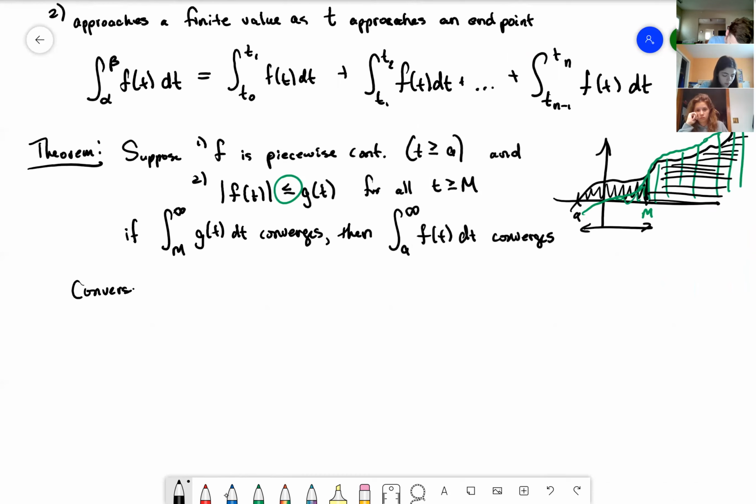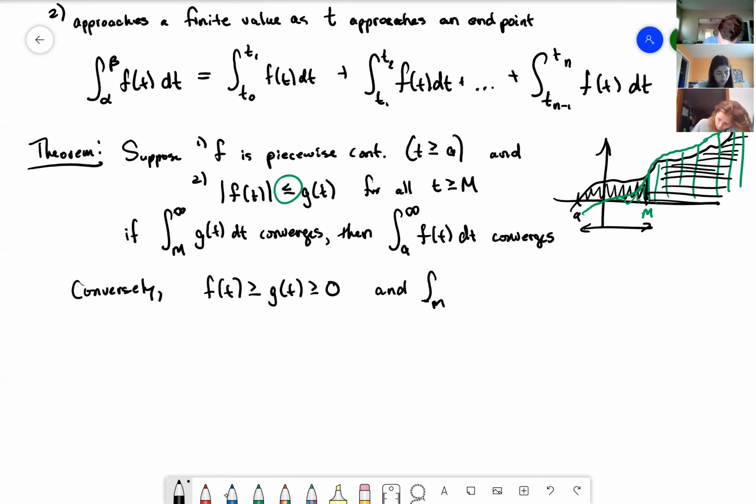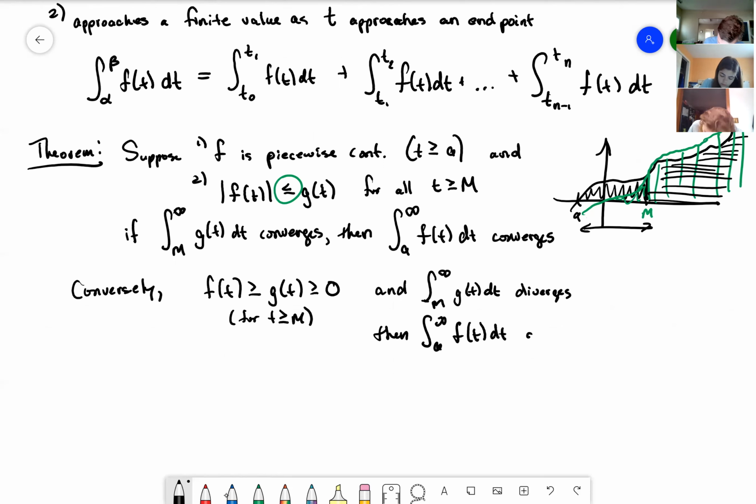Okay, conversely, we have the other direction. If we have that f of t is greater than or equal to g of t, which is greater than or equal to 0, so now the area under f of t is bigger than under g of t, at least once we get to some point where this condition is true, and the integral from m to infinity of g of t dt diverges, then the corresponding integral for f of t diverges as well.